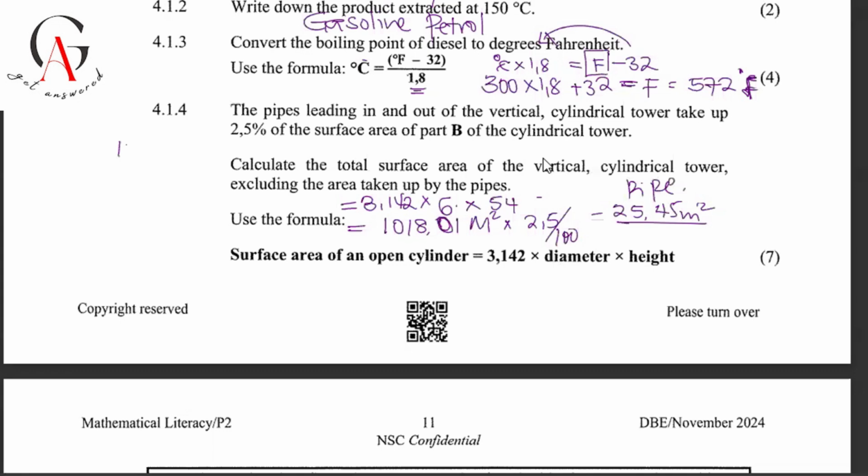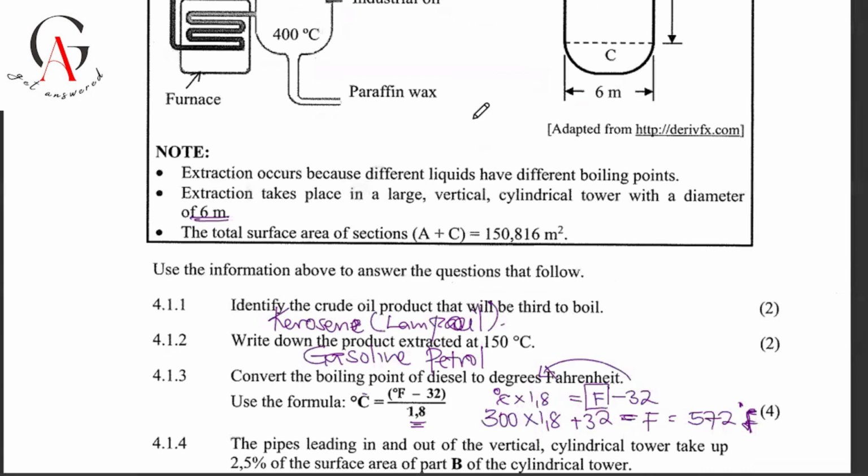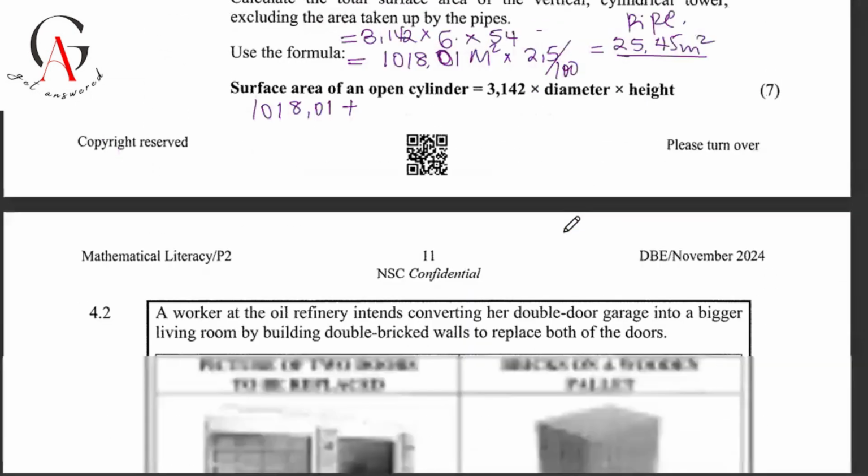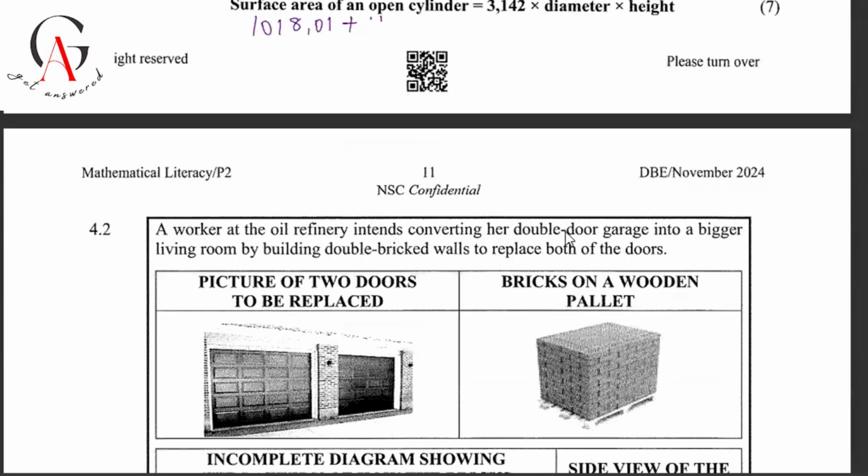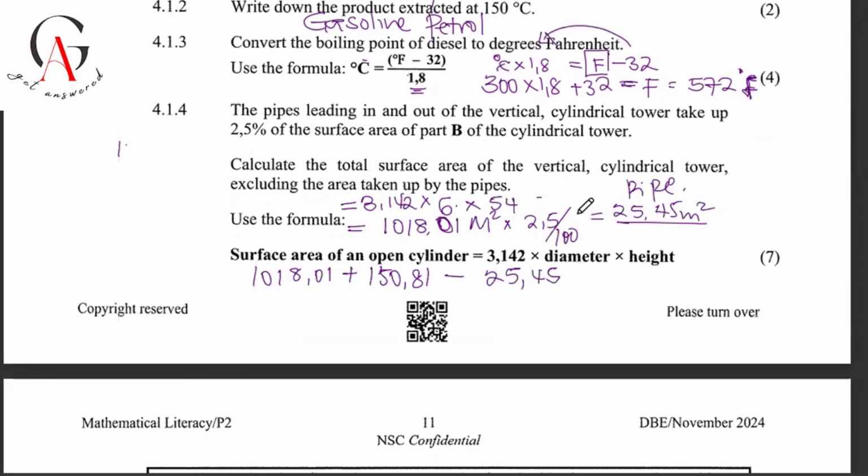So the final answer is going to be 1018.01 plus the area of A and C, which is 150.81, minus 25.45.